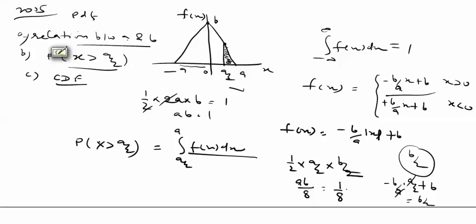So the complete area is 1 by 8. Now CDF. CDF is a very important portion of this question. Actually it is a 2 marks question in GATE, part 2005 is CDF. For calculation of the CDF, we have to use this formula, integral from minus a to x of f(x) dx.